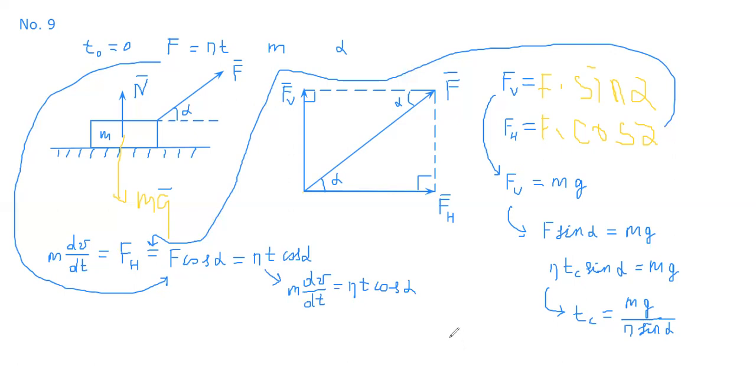Okay, so we have obtained an ordinary differential equation. And if we solve this, we will obtain velocity as a function of time. And how can we do this? How can we solve this ordinary differential equation?